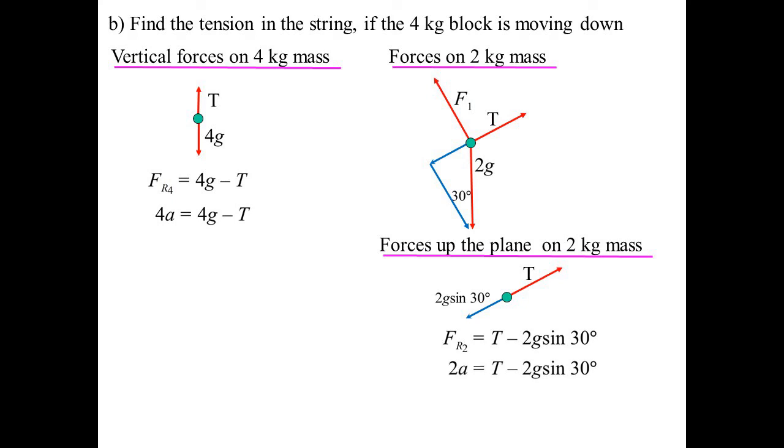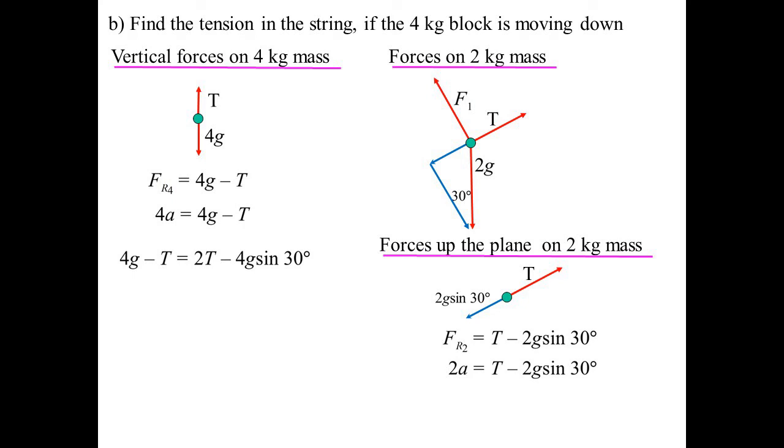But again, the whole thing's connected. So its acceleration must be the same as the other block's acceleration. So 2a will equal T minus 2g sine 30. Over on the left-hand side, playing around with that, it now means that 4g minus T will equal 2T minus 4g sine 30.